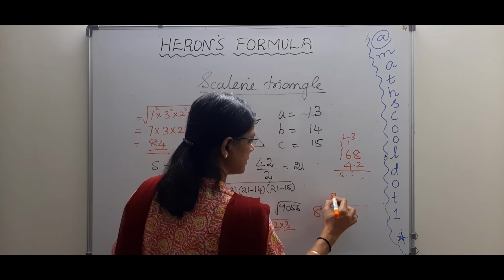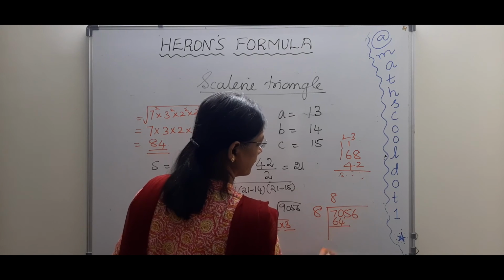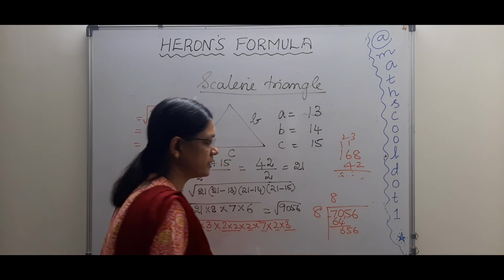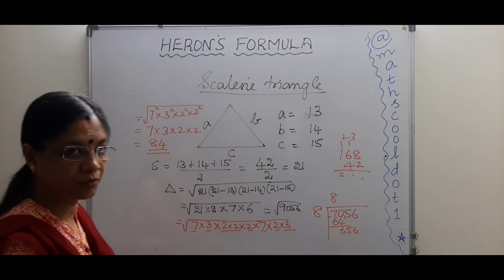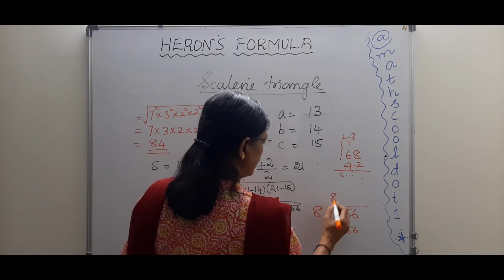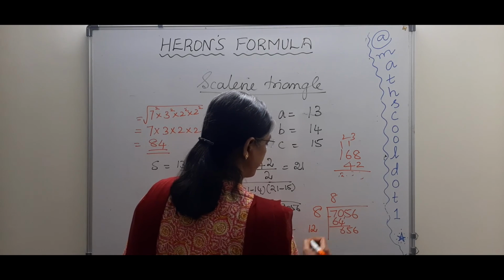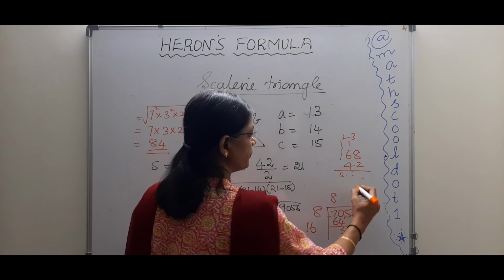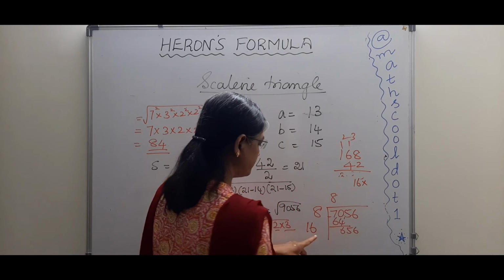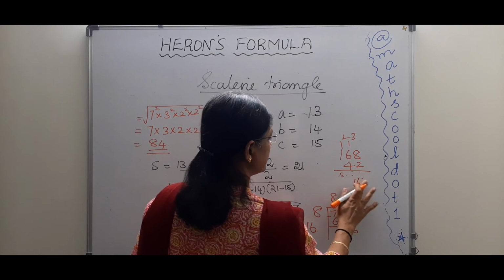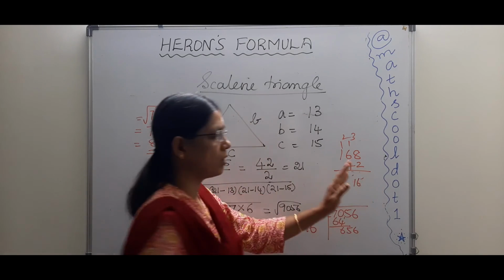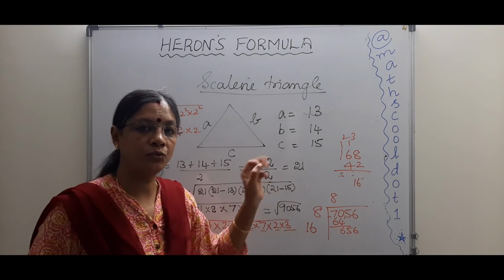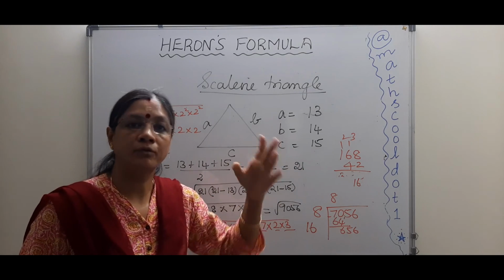8 8s are 64. Subtract it, you get 6. Bring the 56 down, so you have 656. Now multiply the 8 with 2, you have 16. Now 16 into what? What number will give you 6 in the units place? 2 2s are 4, 3 3s are 9, 4 4s are 16, right?